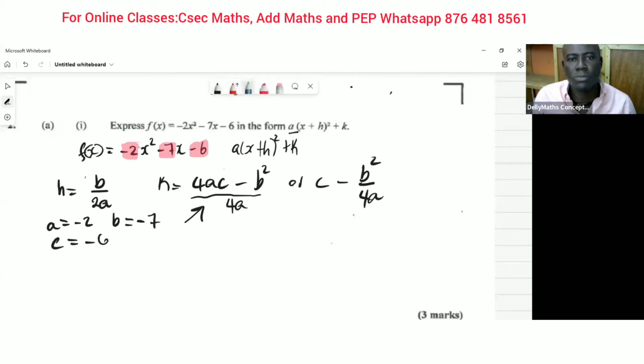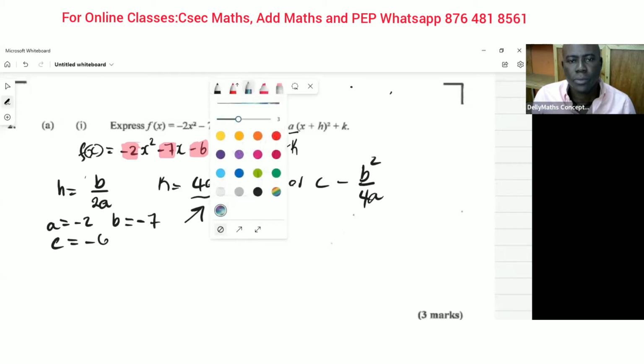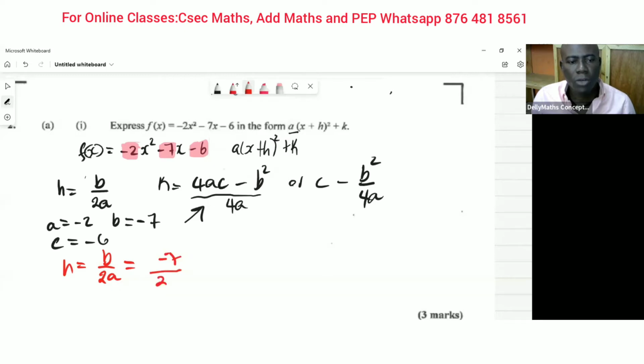So let us do some quick substitution. h is equal to b over 2a, and b is negative 7, over 2a, which is 2 times negative 2. So h is equal to negative 7 over negative 4.